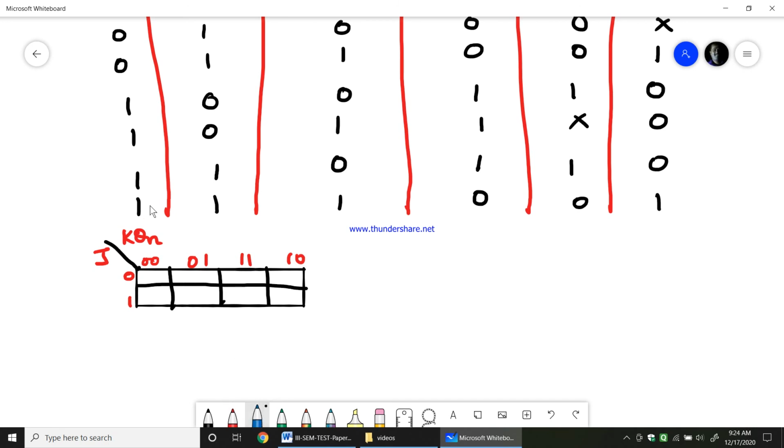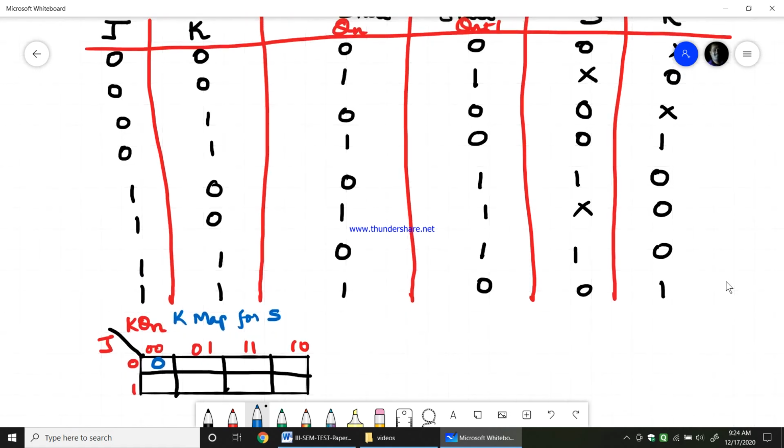So when all are zeros in the truth table, we are writing the K map for S, and then the K map for R we write. So this is 0. Now for 0 0 1, you need to look here. For 0 0 0, S is 0.